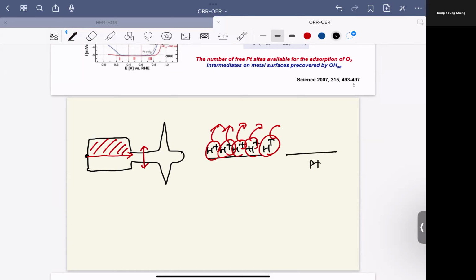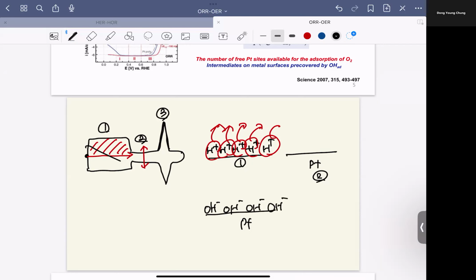Do you understand? So this is the first region, this is the second region, and this is the third region. What about the third region? There is OH adsorption, right? So the surface of the platinum can be covered by OH minus, like this.